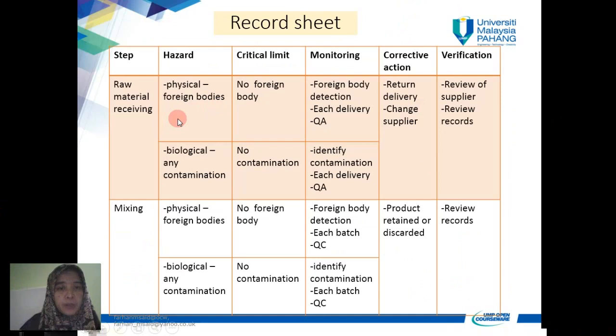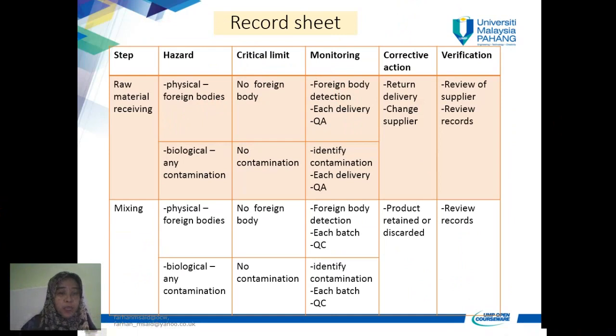Okay, so let's have a look at the physical hazard. Is there any critical limit for the foreign bodies? No foreign bodies, that is the critical limit. For monitoring, foreign body detection. We have to monitor each time, and who will be doing it?